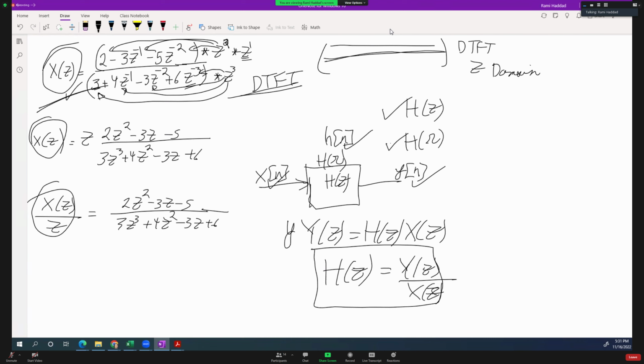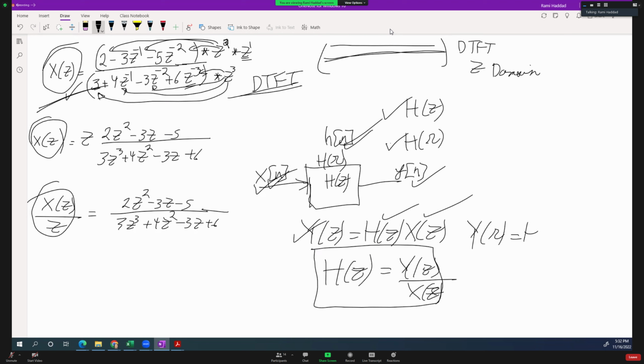And that's basically it. Analyzing systems using these domains allows us to simplify the process rather than using convolution. We end up using simple multiplication. If you're given a system with an input and an impulse response, you can find the output using simply the Z domain or the DTFT. In the DTFT, this is exactly similar.